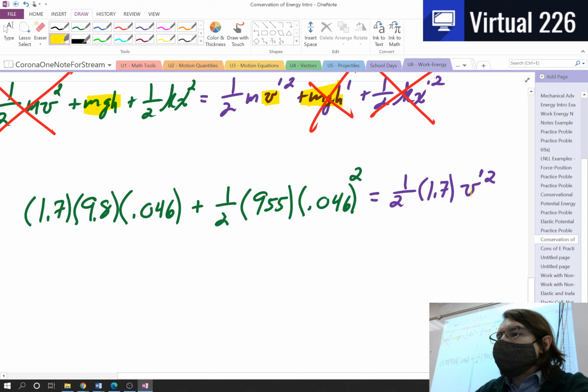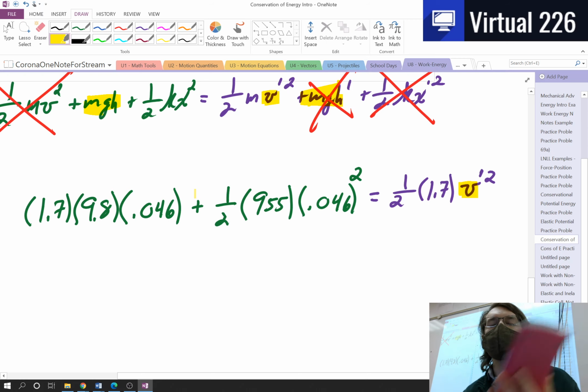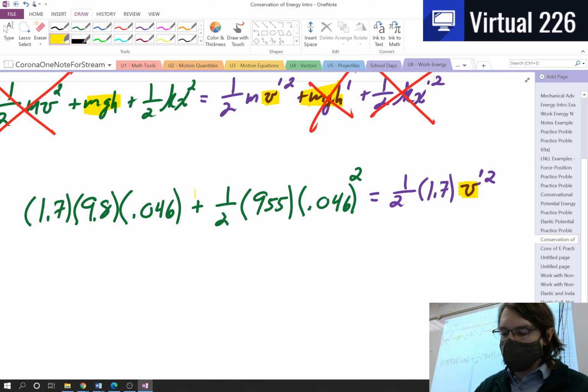And now we just have to shuffle numbers around until we solve for that final velocity there. Luckily for us, this isn't too bad. Everything here in green on the left side of our equation are initials. Those are all numbers. We can just pull out our calculator to crunch all these numbers through. So 1.7 times 9.8 times 0.046.